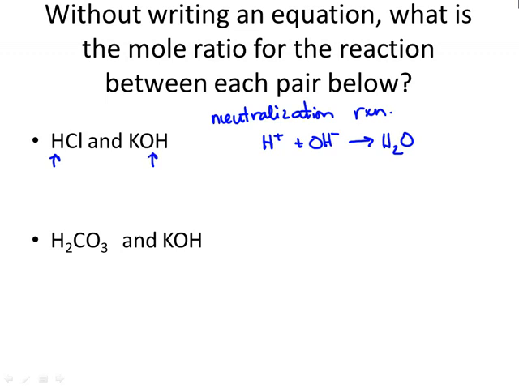Since I have one of each here, I would say the mole ratio is 1 to 1. Down here, however, in the second one, I have 2 H's for 1 hydroxide. I'm going to need enough hydroxide to pick up all of those H's. So I will need 2 hydroxides for every one of my H2CO3s. So my mole ratio will be 1 H2CO3 to 2 potassium hydroxides.